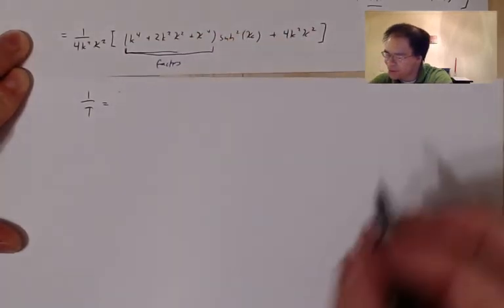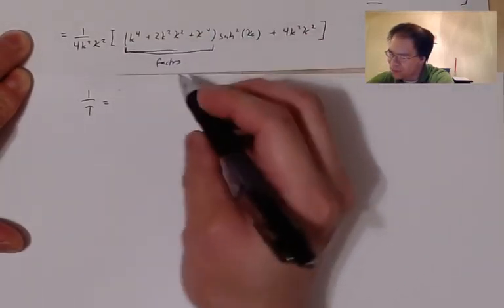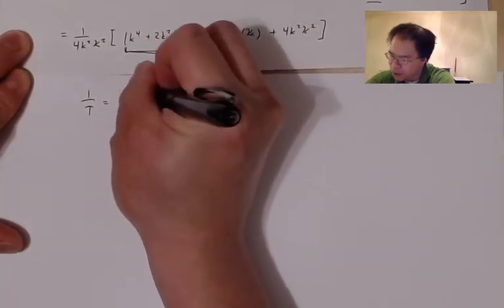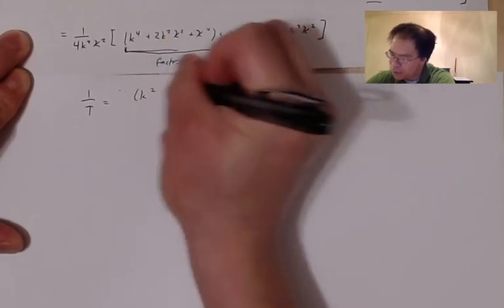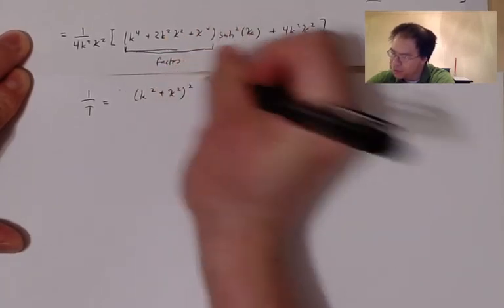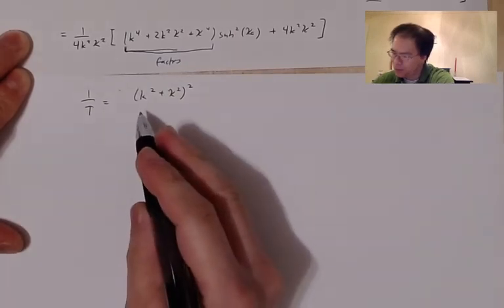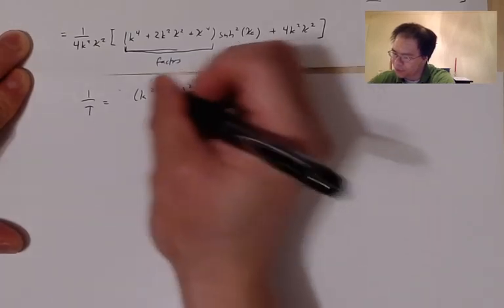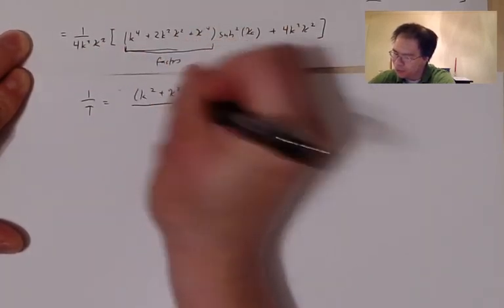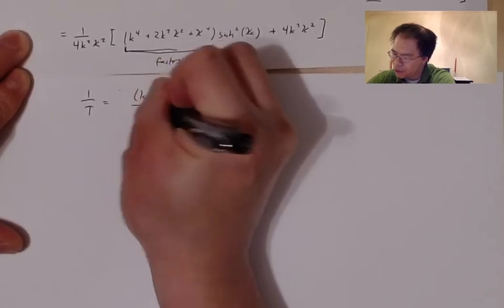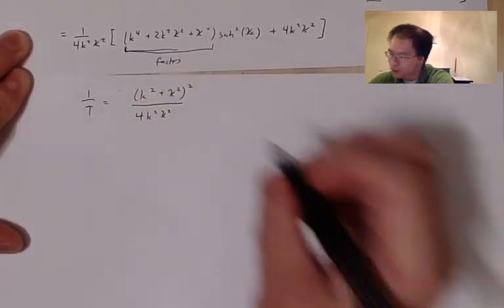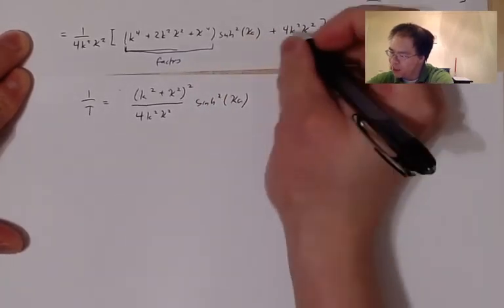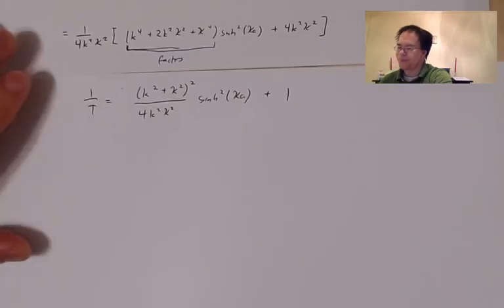This thing up here factors into (k² + κ²) quantity squared. Let's check that: k to the fourth, 2k²κ², plus κ to the fourth. And I'll pull this in here to give me 4k²κ² times (sinh² κa plus 1).